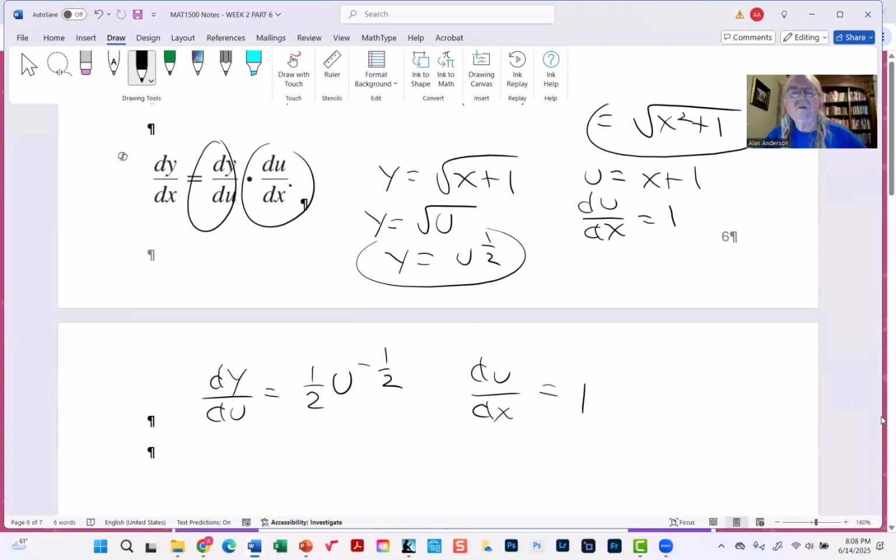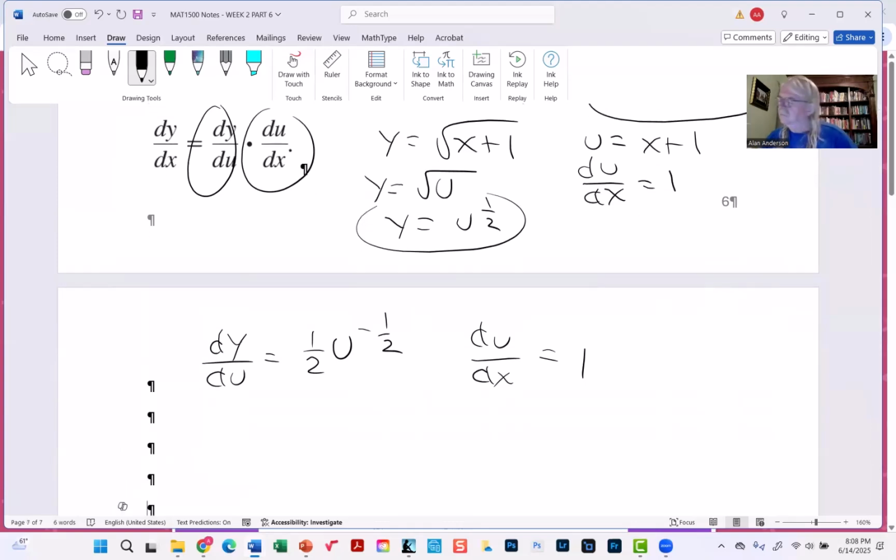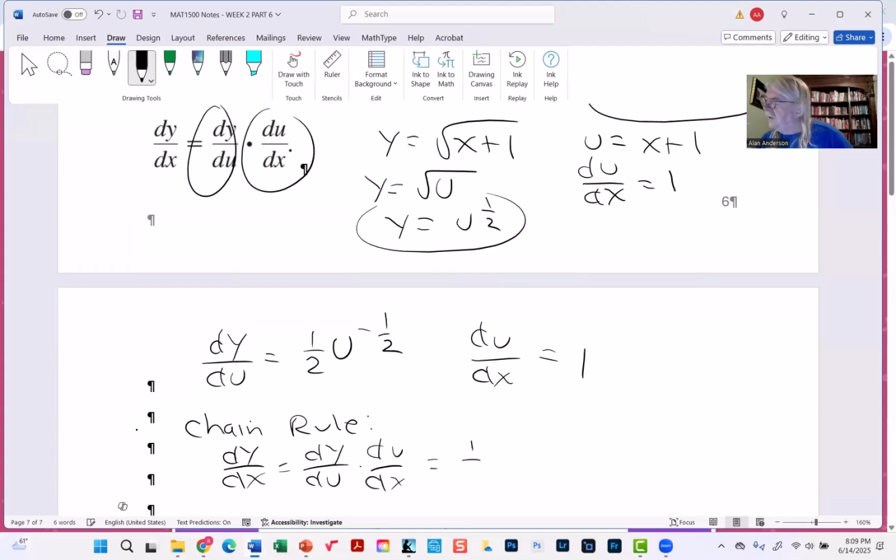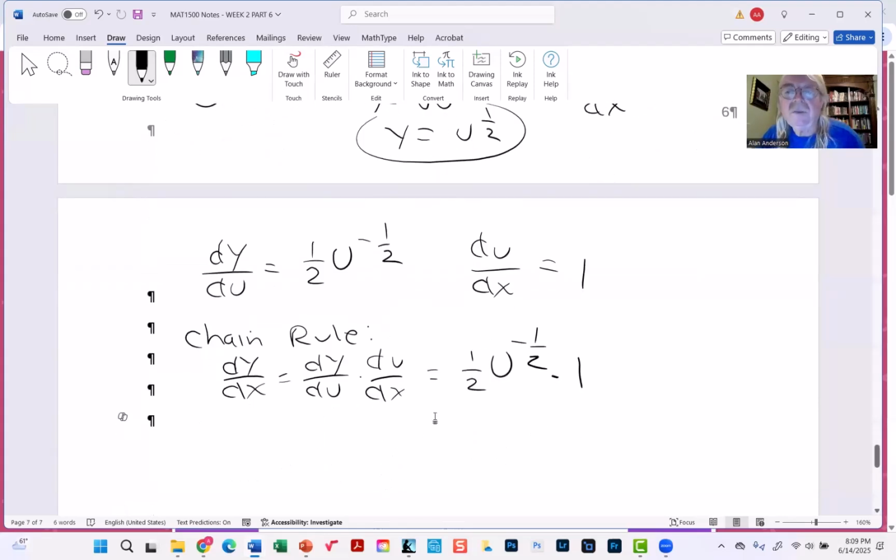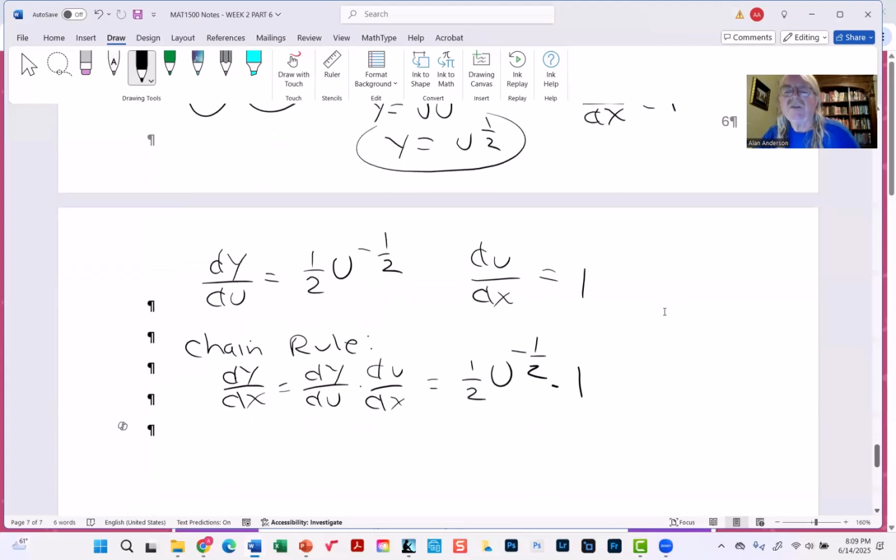And so according to what we're seeing here, the chain rule tells us that we have 1/2 u to the minus 1/2 power times du dx. But we're not done because we need to replace that u with the definition x squared plus 1.